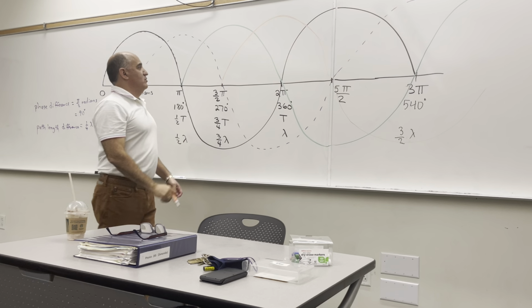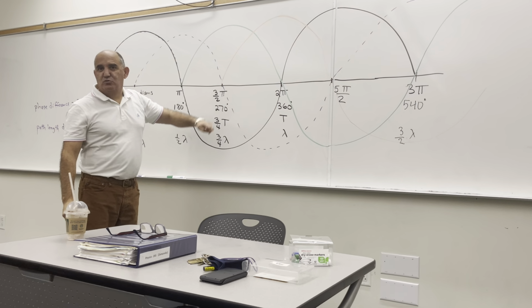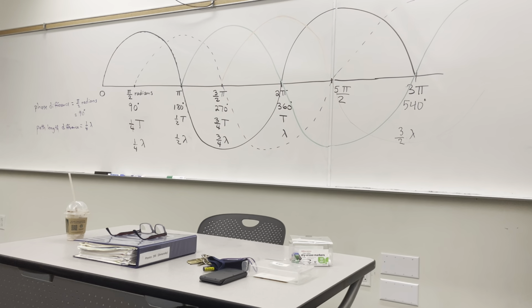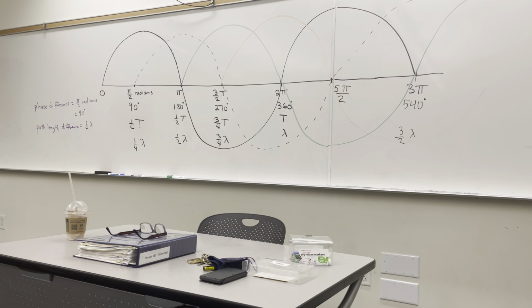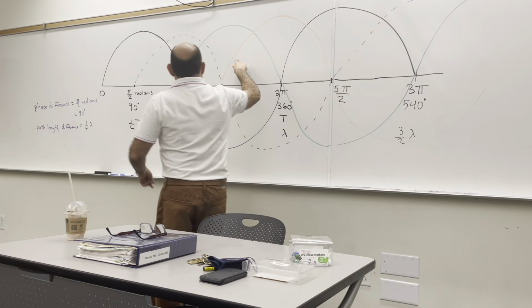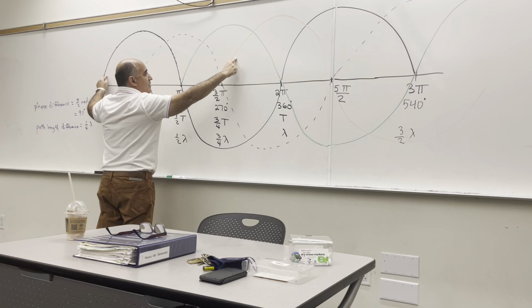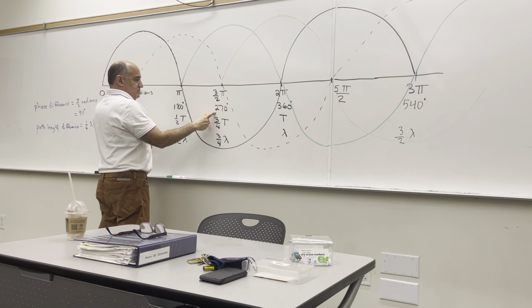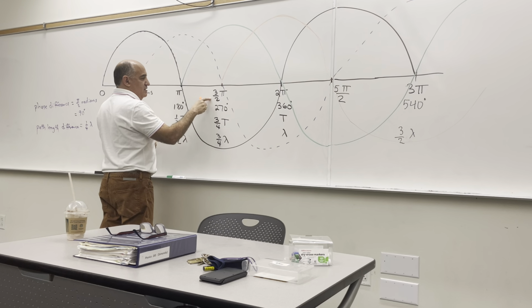So now, what if I ask you, referring to the orange one, for the phase difference with the black one? So what's the phase difference between this one and this one? 270 degrees, 3/2 pi.